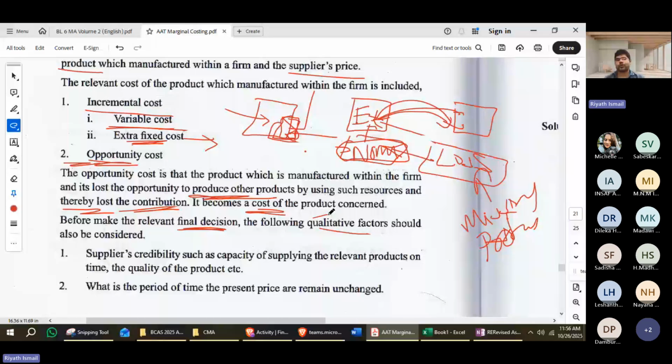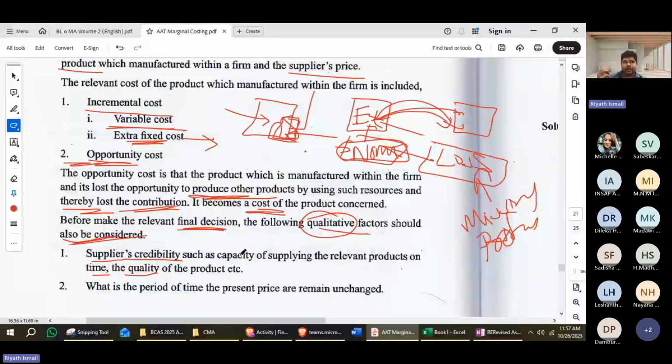What are those? First, the supplier's credibility, such as capacity of supplying the relevant product on time and the right quality of the product, right? Not only the financial aspects, make internally or buy outside. For example, Toyota manufactures its engine and the body. Normally, they purchase tires from outside.